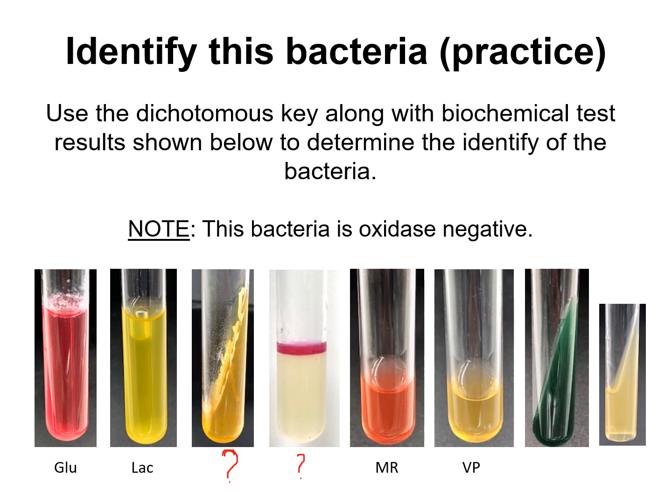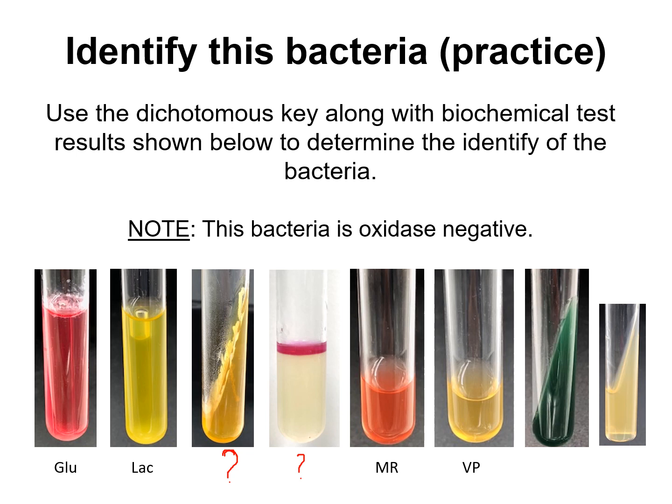And after you figure out the result for each one, you're going to go back to the dichotomous key, which is given to you in this PowerPoint, and try to figure out what the bacteria is.